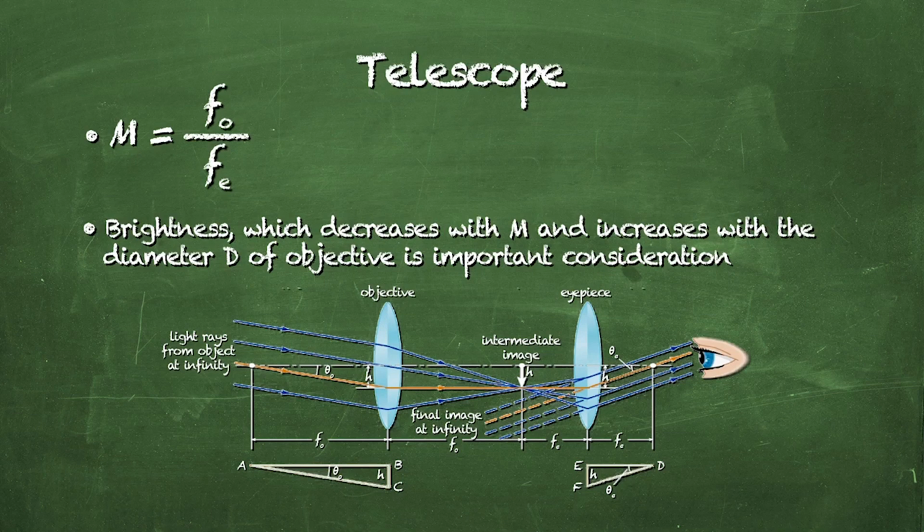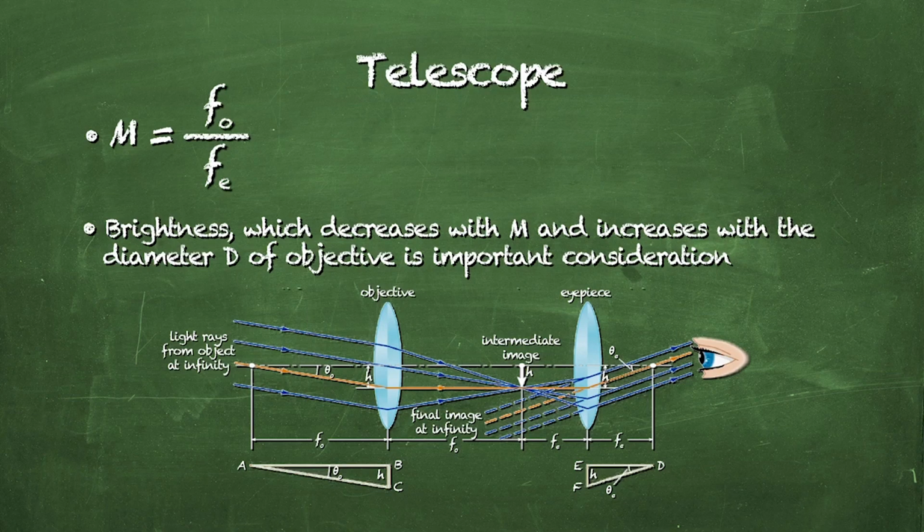Now, the fundamental limitation of a telescope is actually not its magnification, but more the brightness of the image that you're seeing. Brightness actually decreases with magnification because you're taking whatever light you're getting from the object that you're looking at and you're spreading it out over a larger angle.